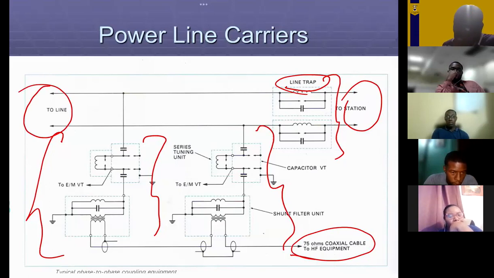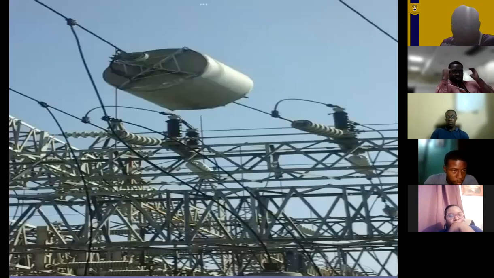And so what you would see when you go to the substation would be something looking like that. So this big cylindrical thing that you always see on the line, that's your line trap or your wave trap. All right.